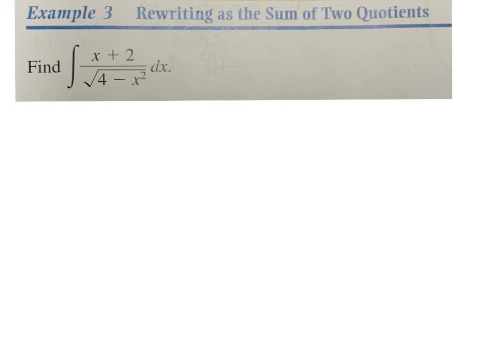I have an x squared in the square root, which will give me a degree of 1, and I have a degree of 1 in the numerator, right? Which means I can use division, which means I can split it up, all right? So I can say x over my denominator plus 2 over my denominator, and all of a sudden I have an old u substitution that I've done many times, and then I have an arc trig function antiderivative that I've now recognized.